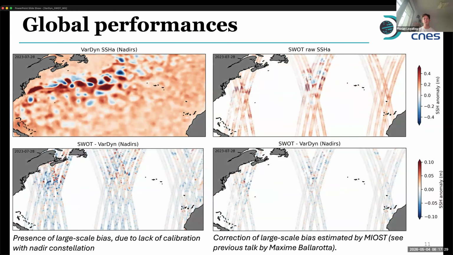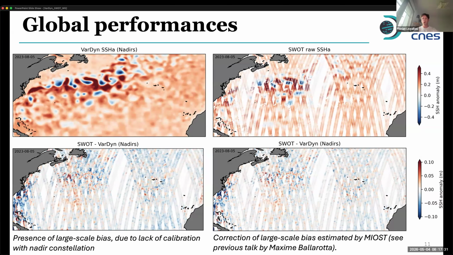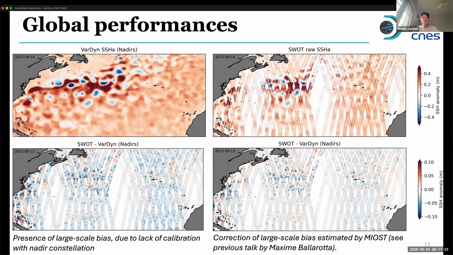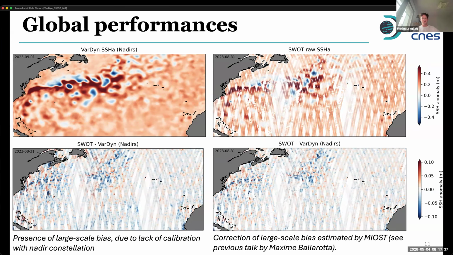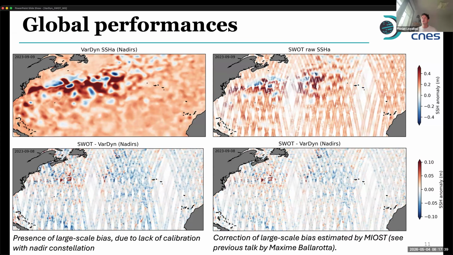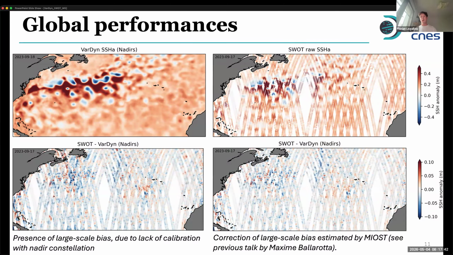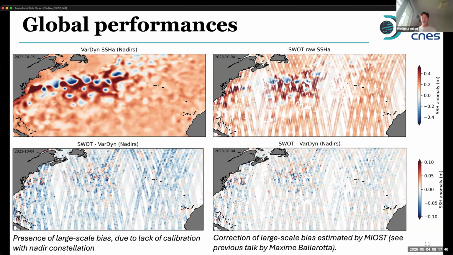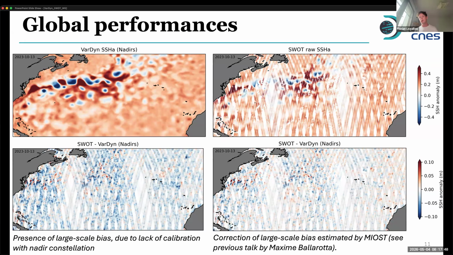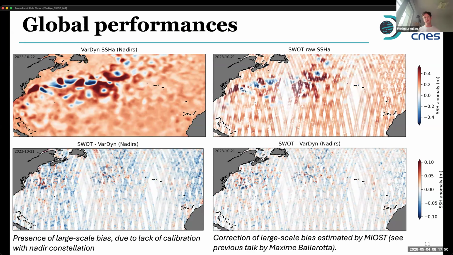And now I'm focusing on SWOT data. So on the upper left, you have the VarDyn product using only the Nadir missions. On the right, you have the sea surface height anomaly from SWOT. And below are the residuals of SWOT and the Nadir products.